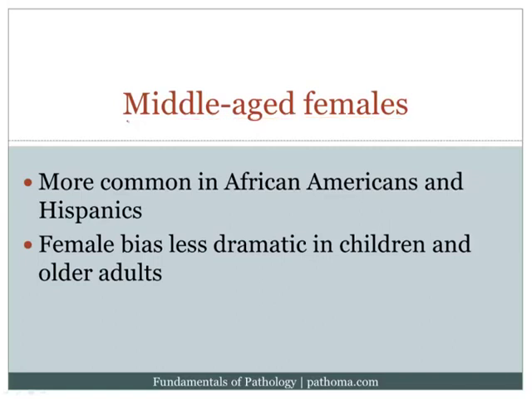Whereas when you look at children and older adults, children would have less of an estrogen differential between males and females, and older adults as well would have less of a differential of estrogen between males and females. And so perhaps that helps to explain why there's less of a female bias in that particular age group.